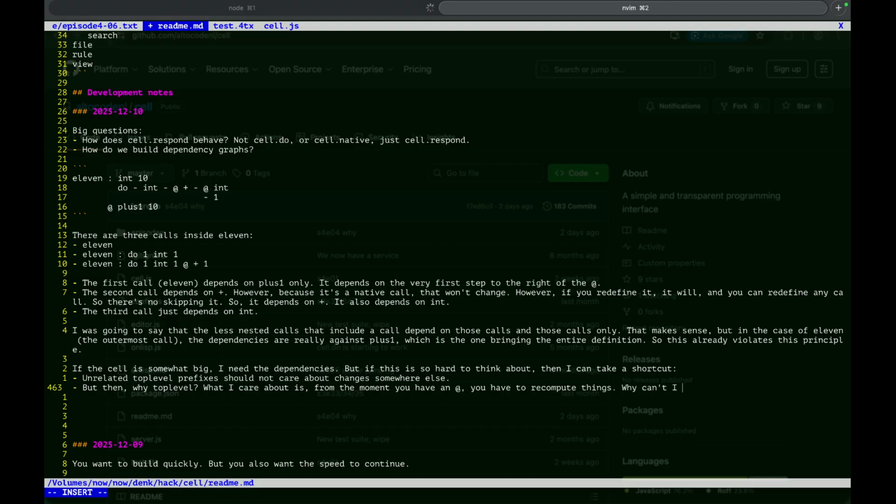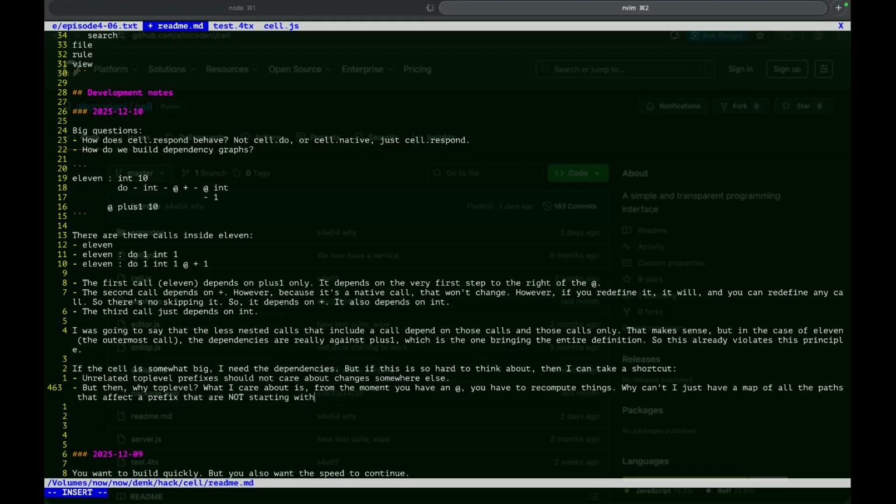Why can't I just have a map of all the keys, all the paths that affect a prefix that are not starting with that prefix? Now, that is interesting. Okay, so I think that's the idea, right? Depends on +1.